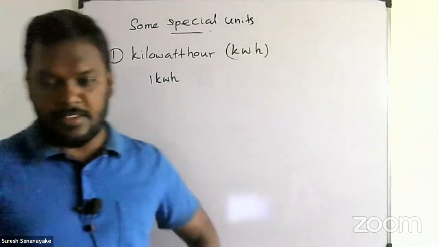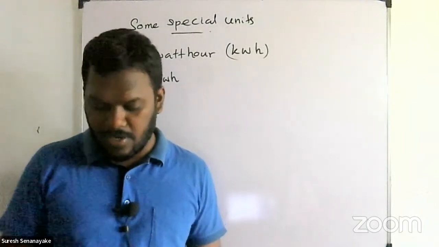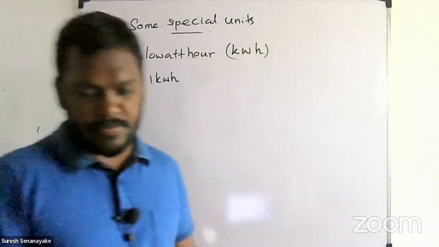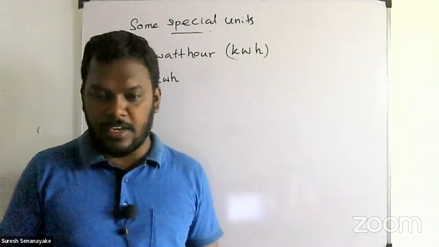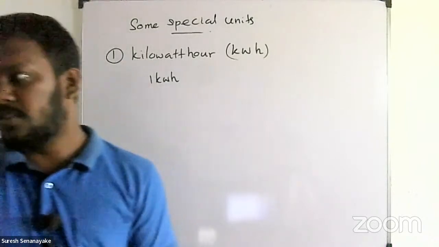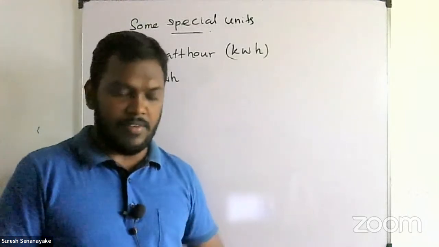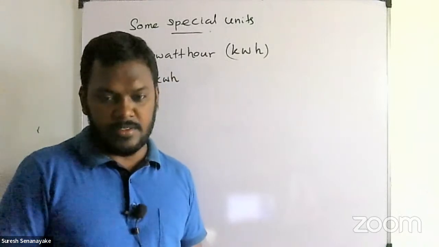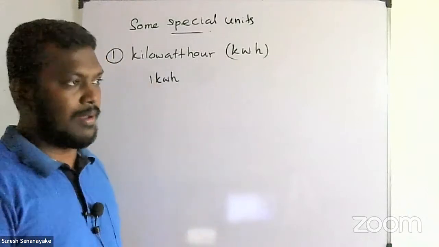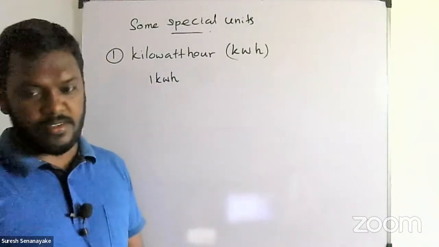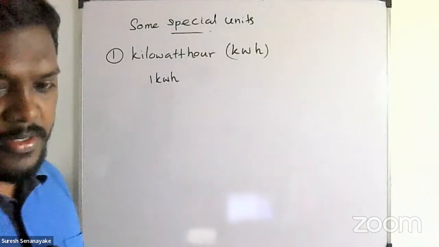That's also how you can think of it. 1 kilowatt hour is defined as the electric energy consumed in an hour by a device of power 1000 watt.